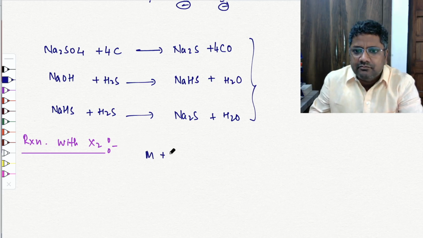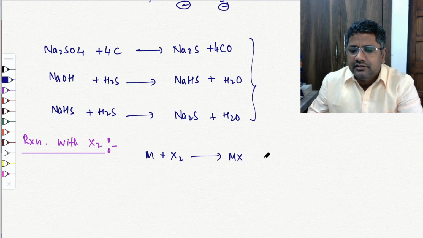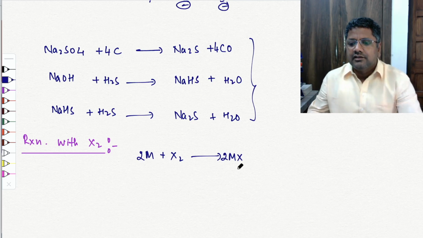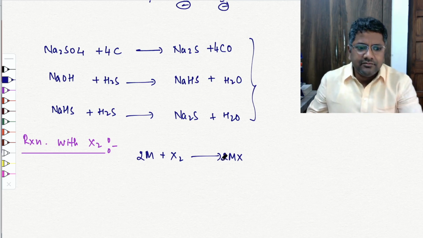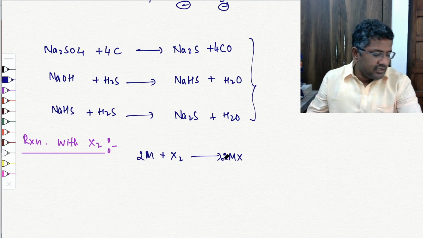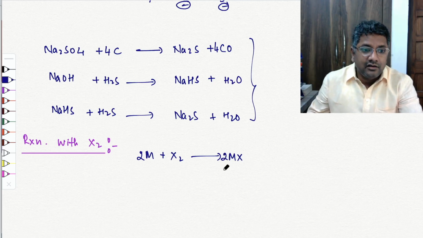So M plus X2 and all will form MX type halide. Right? So all form MX type halide. Okay, and polyhalides are also formed.